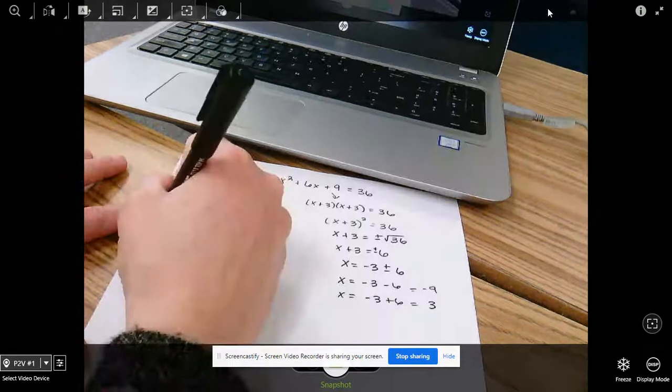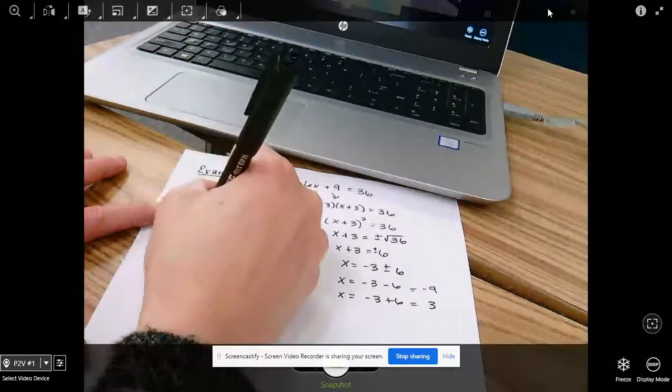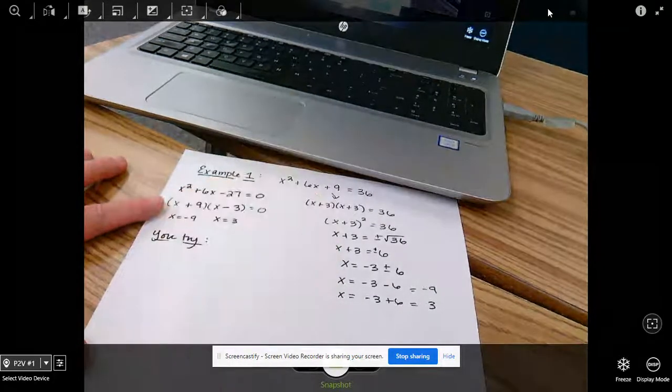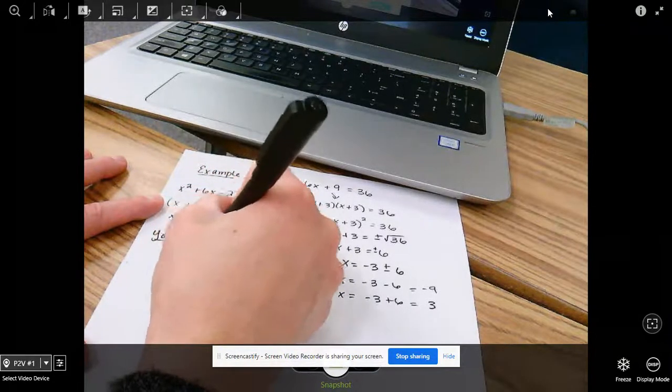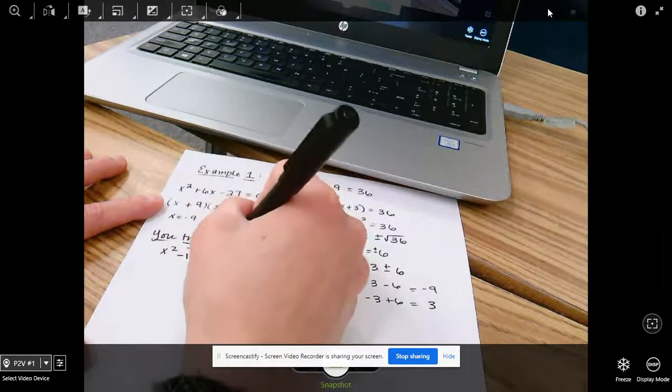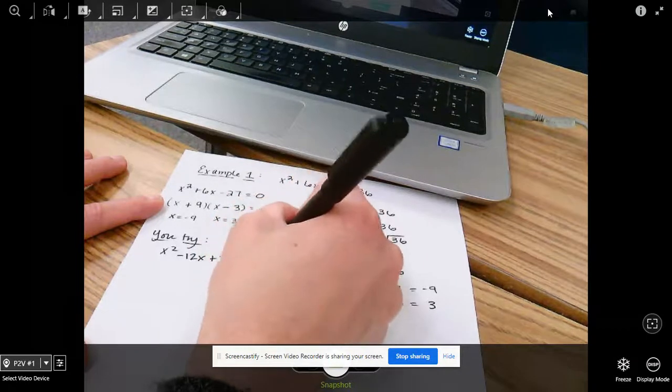Okay, I want you to use this method with this example. I want you to try x squared minus 12x plus 36 equals 25.